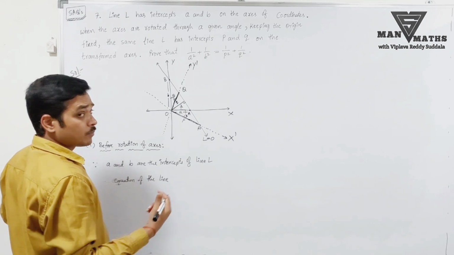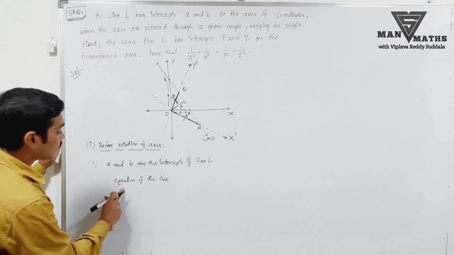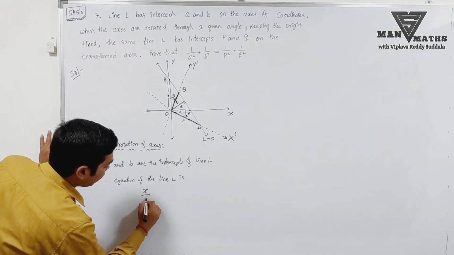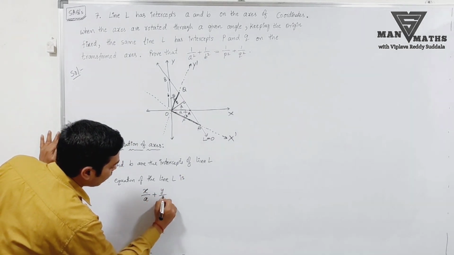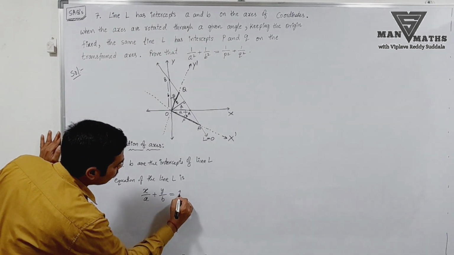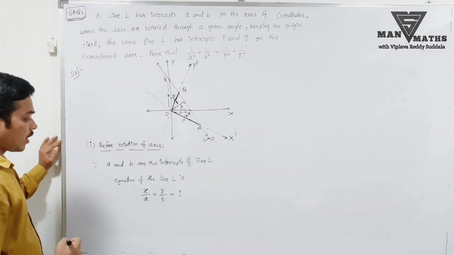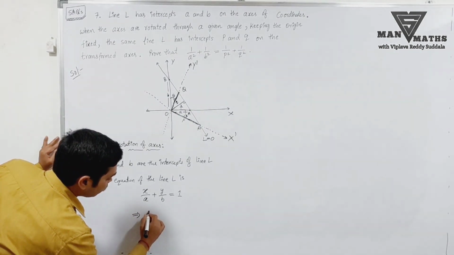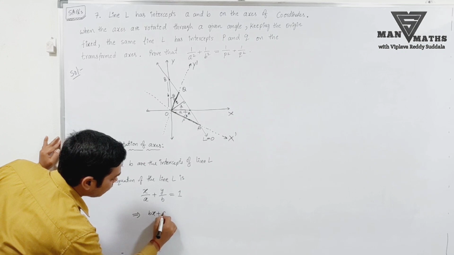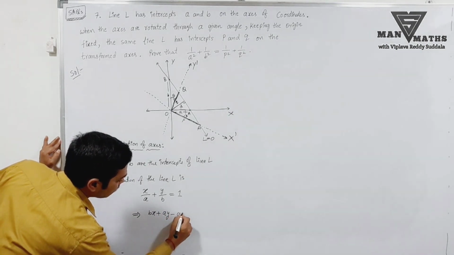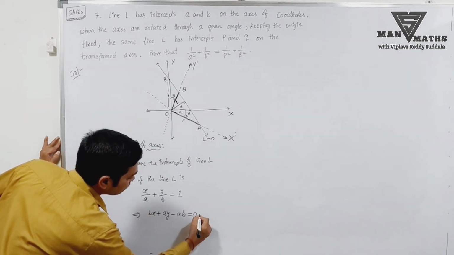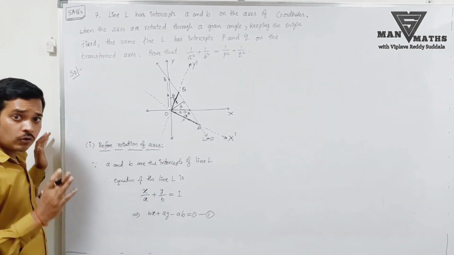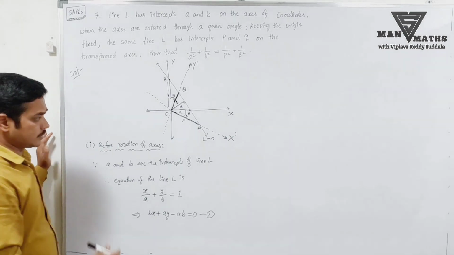By using the intercept form of a straight line, the equation of the line L is x by a plus y by b is equal to 1. Simplifying this equation, we get bx plus ay minus ab equal to 0. This is equation 1, the equation of the line L before rotation of the axis.